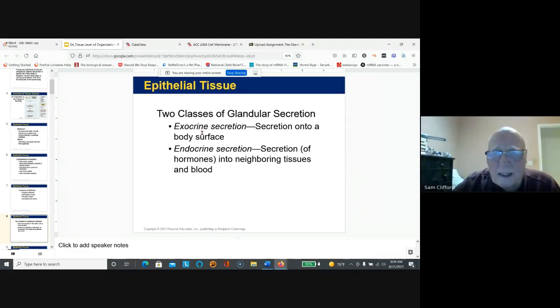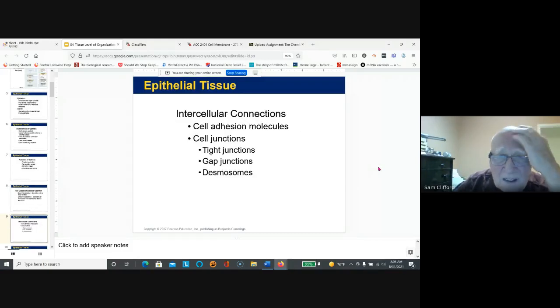So exocrine glands are sweat glands. That's the primary example. Endocrine glands secrete hormones, which we'll talk about coming up.